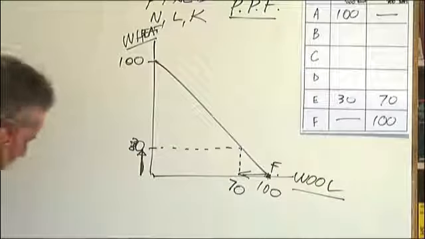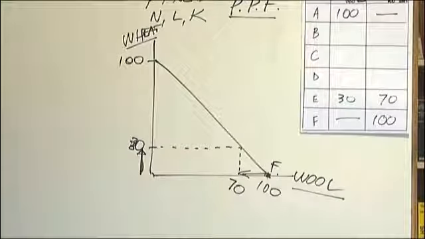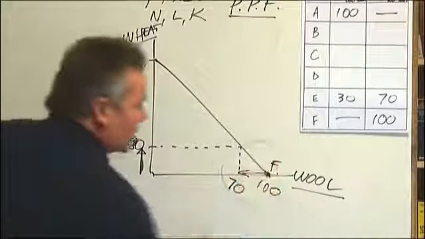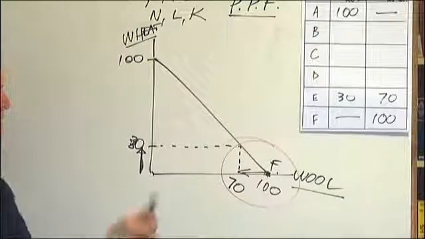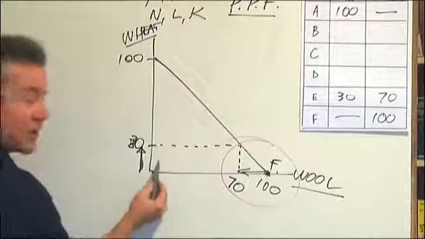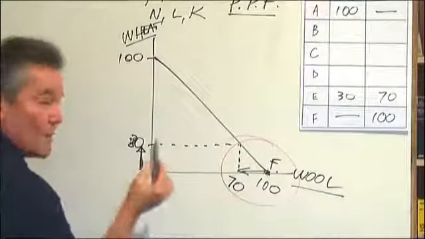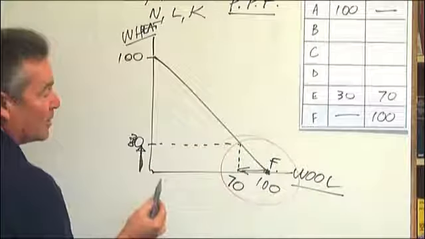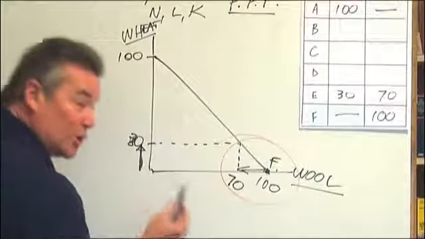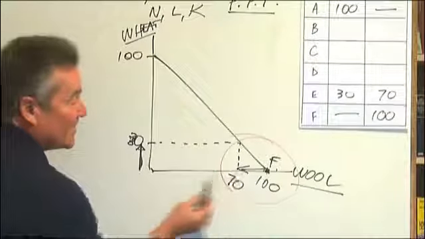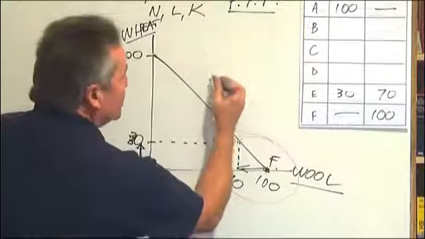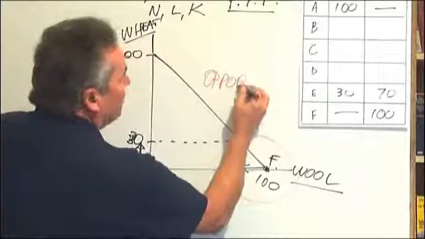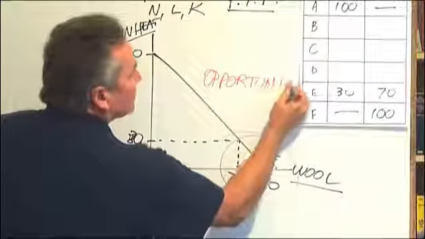Now, this is where this model is particularly useful. What this tells us straight away is that in order to increase the production of one thing, we by necessity have to give up or sacrifice the opportunity of producing the other product as well. And this is what we call opportunity cost.